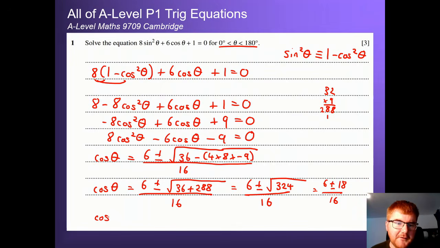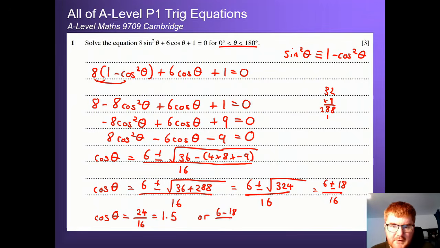Our answers here for cos theta will be, when it's added, 24 over 16, which is 1.5, or 6 minus 18 over 16, and that's going to give us minus 12 over 16, simplifying to minus 3/4.